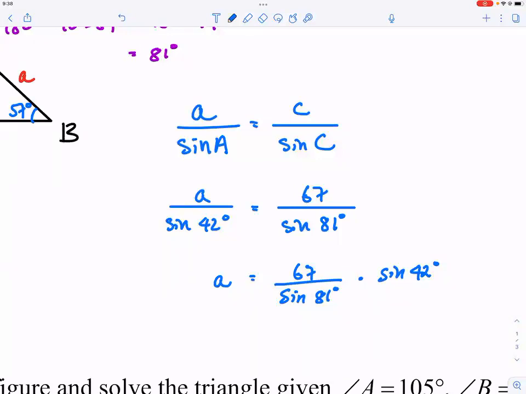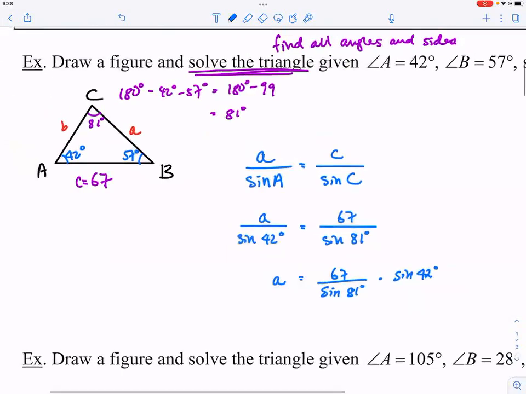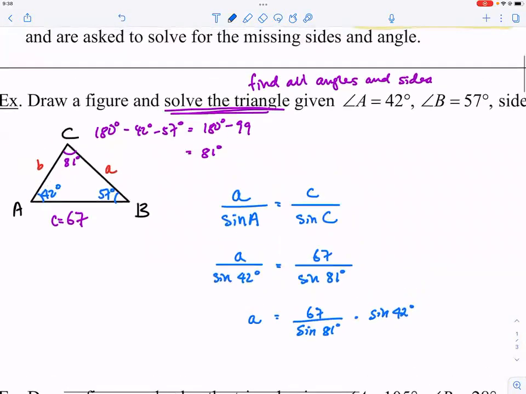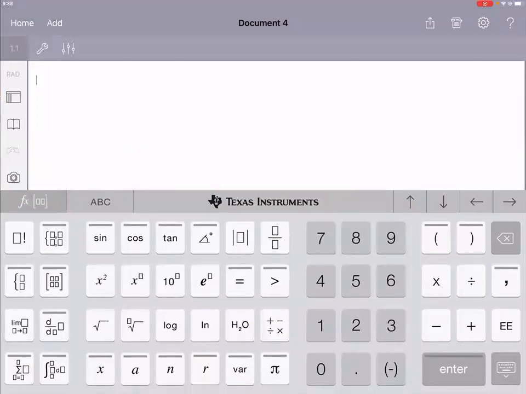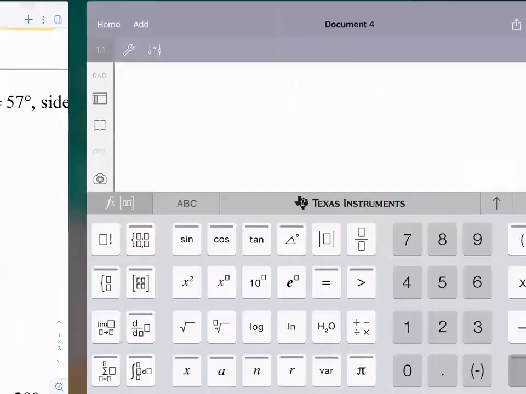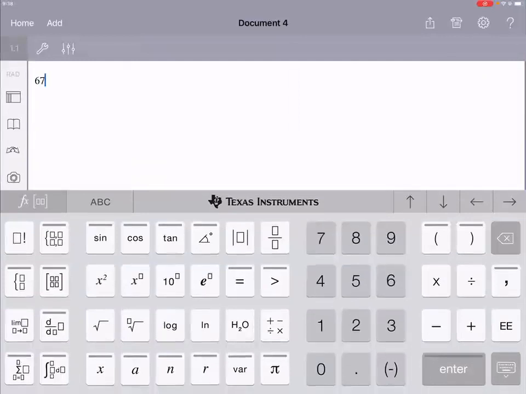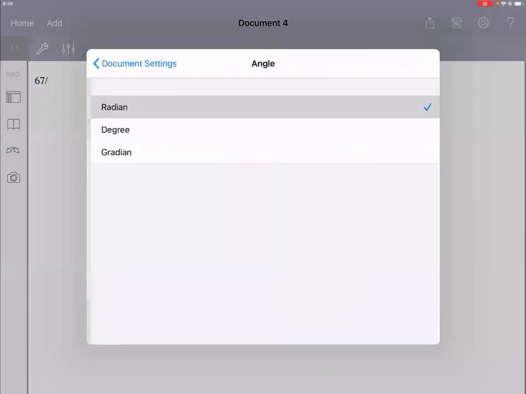If you need to use a calculator, you can come up here and get a calculator. Make sure your calculator is in degree mode. We are doing these application questions in degree mode, so make sure you change it to degree mode. So you have 67 divided by, wait, hold on. Let me change to degree mode first.